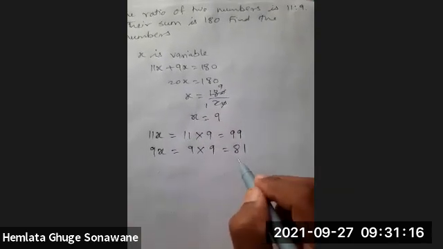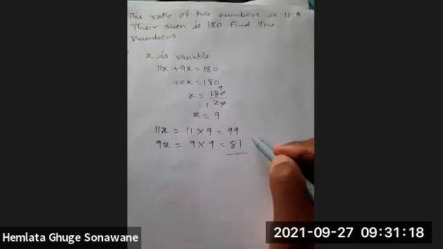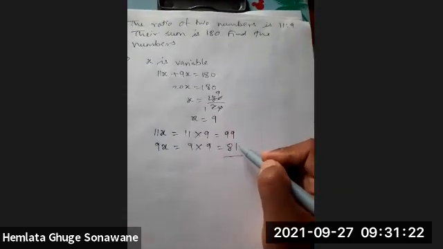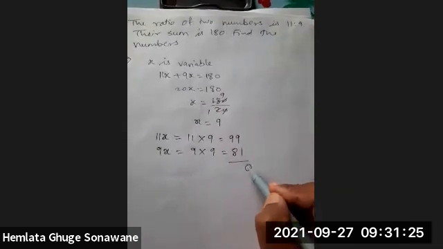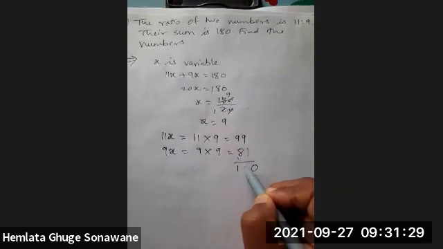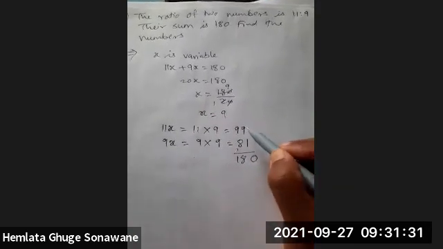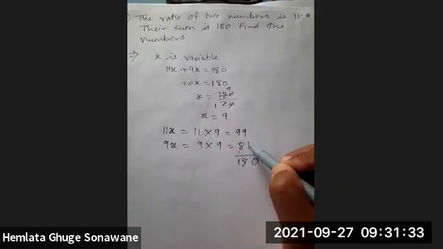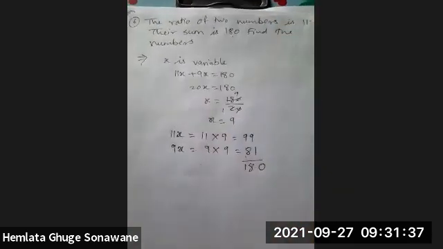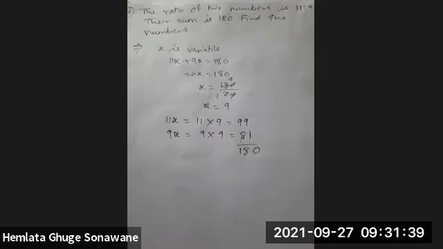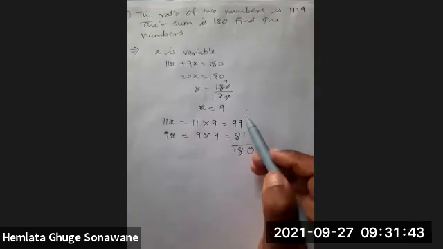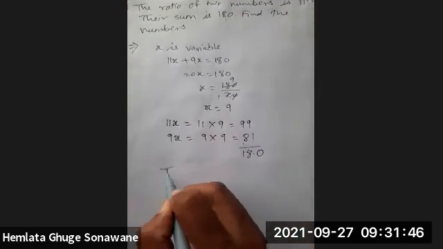Here you can check the sum of both these numbers. 99 plus 81, we get 180. So these two numbers are 99 and 81.